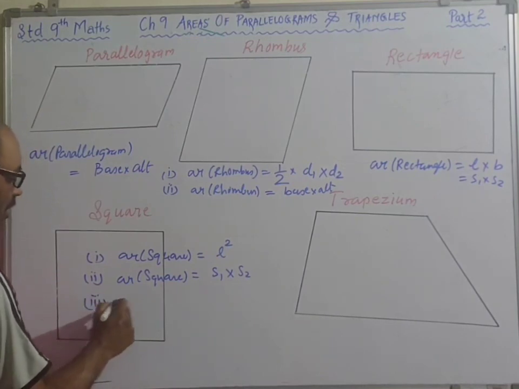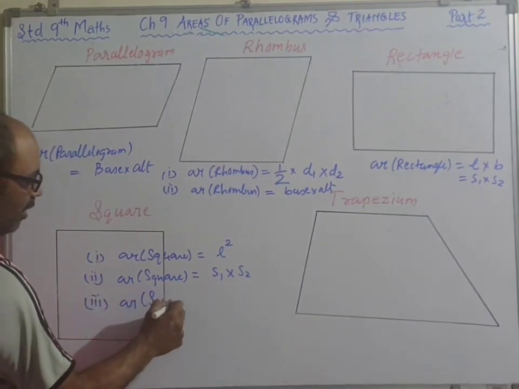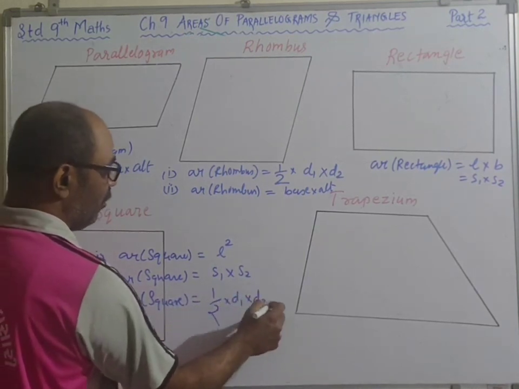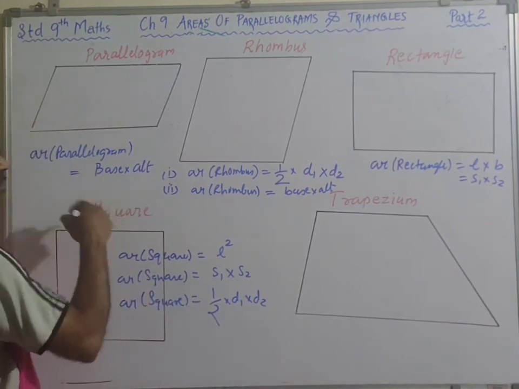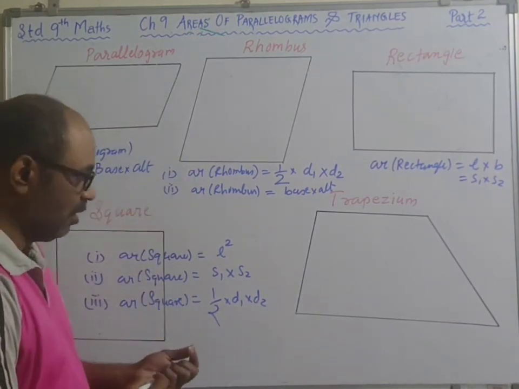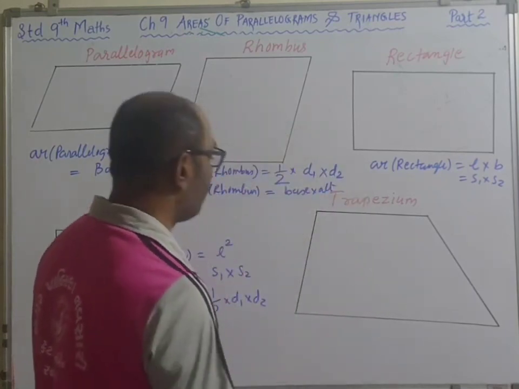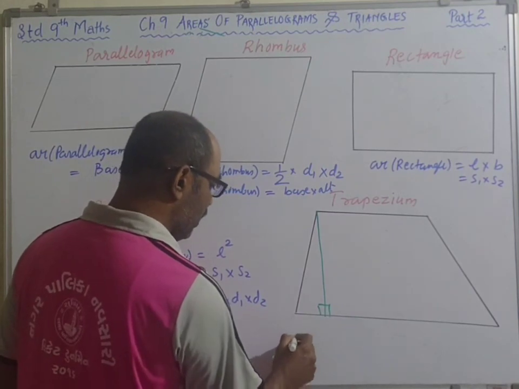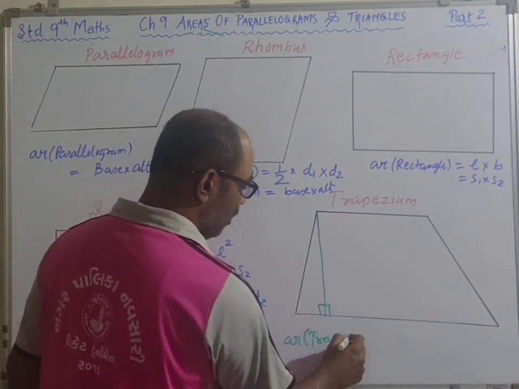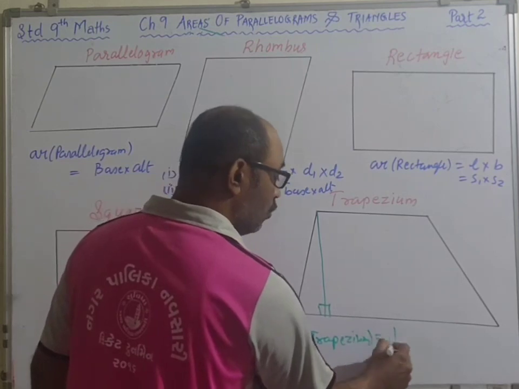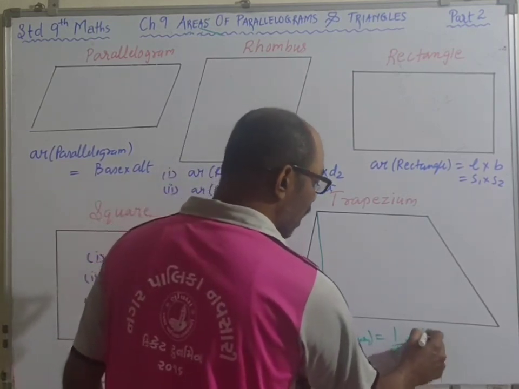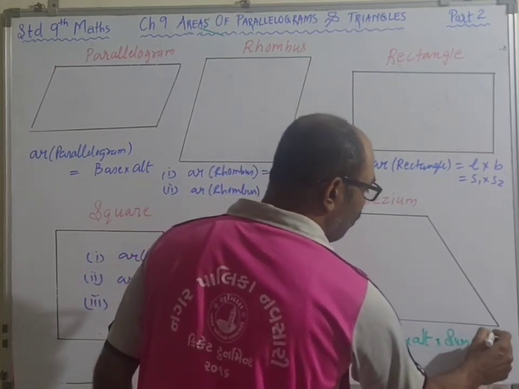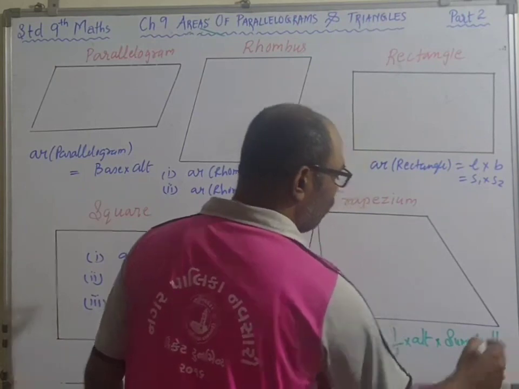And the third one, area of square, उसमें half आएगा. Half into diagonal 1 into diagonal 2. Because every square is a rhombus. Alright? So area of trapezium, उसमें भी half आता है into altitude आता है into sum of parallel sides. Length of parallel sides.